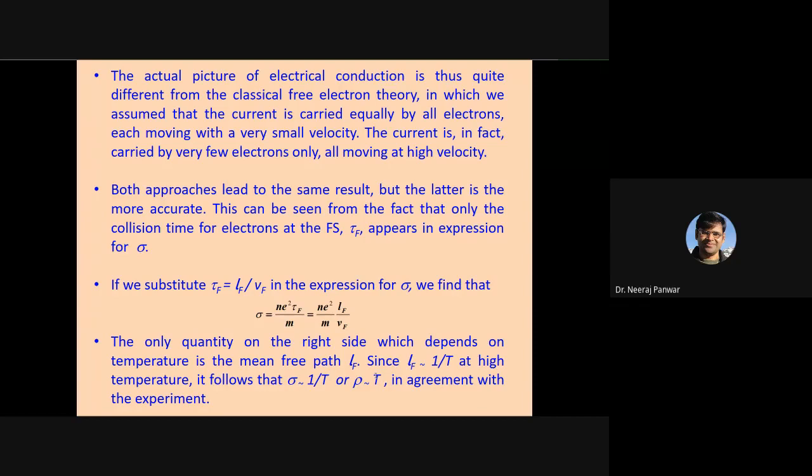And this is what is observed experimentally. However, according to the Drude model, conductivity varies as 1 upon root T. But here, according to Sommerfeld, we have proved that electrical conductivity is proportional to 1 upon T, or the electrical resistivity is proportional to the temperature.